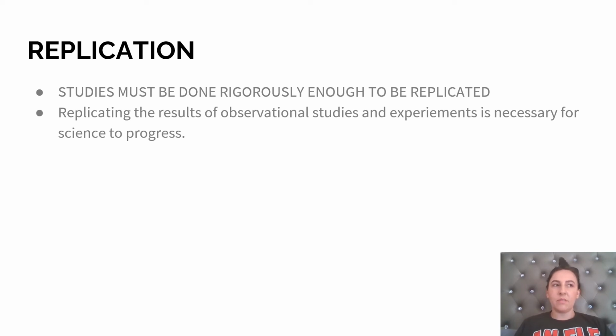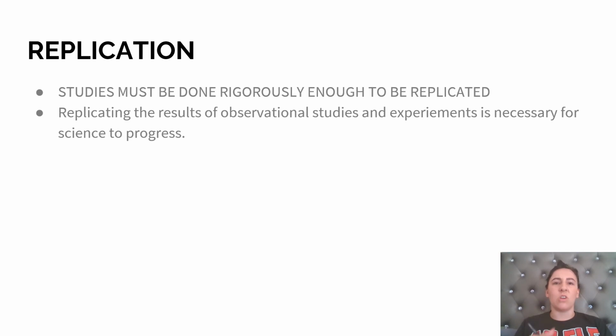All right. So in order for something to be replicated, these studies must be done rigorously enough. And what they mean by rigorously is you have to be very careful. Make sure that you dot your I's, cross your T's, do everything perfectly according to the book, down to the T throughout your experiment.